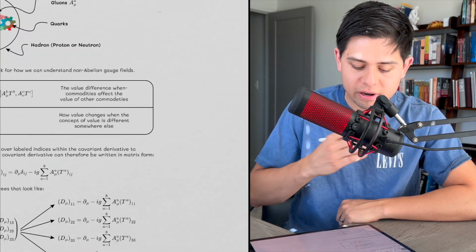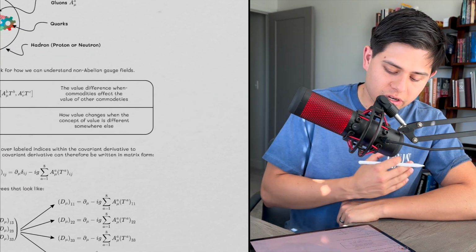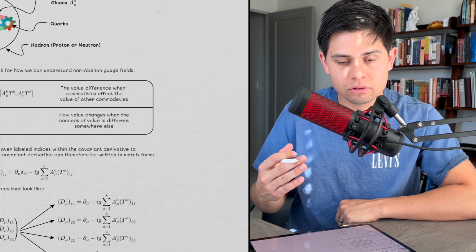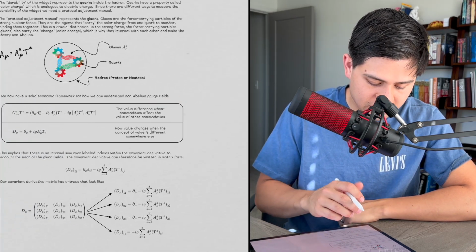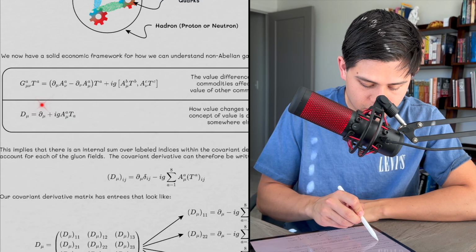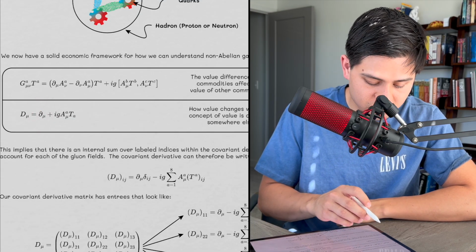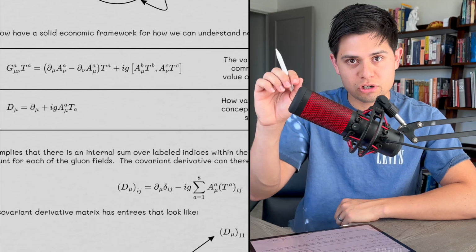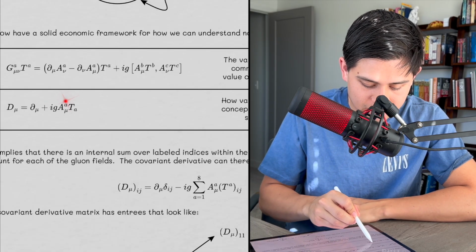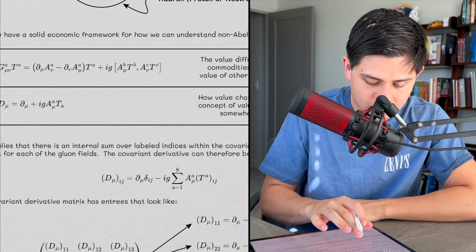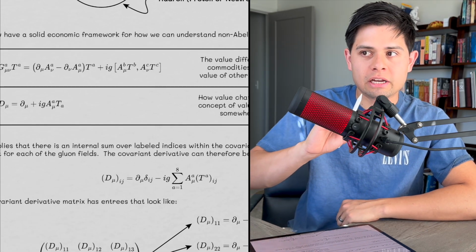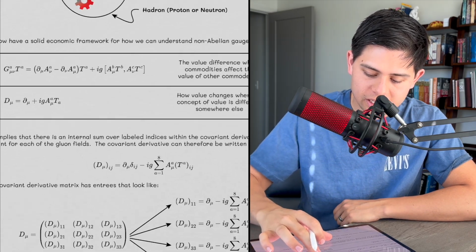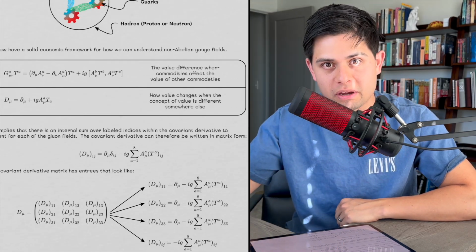This is how value changes when the concept of value is different somewhere else. That means that this thing accounts for how the raw value changes, and then this thing accounts for the change in how you measure that value. That's going to be, again, the protocol adjustment manual.